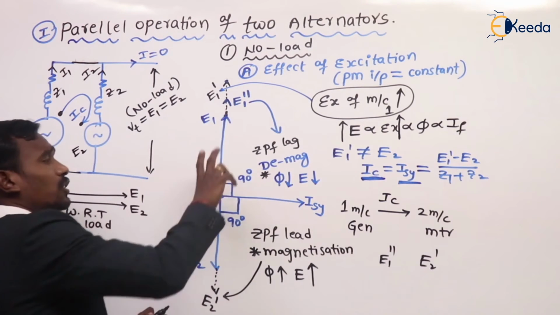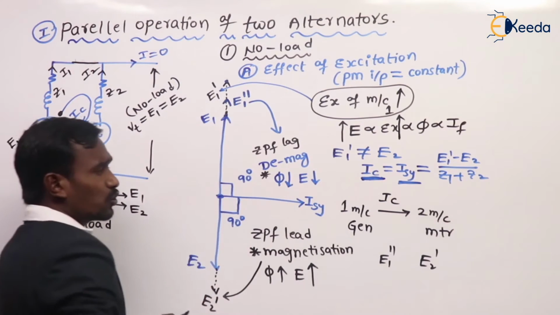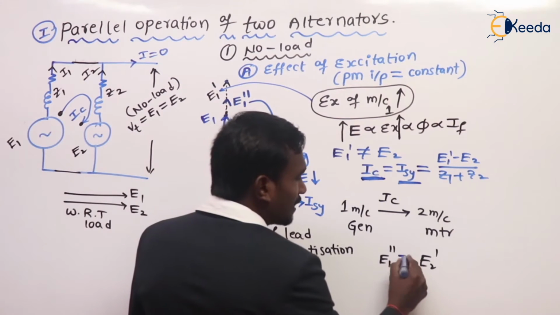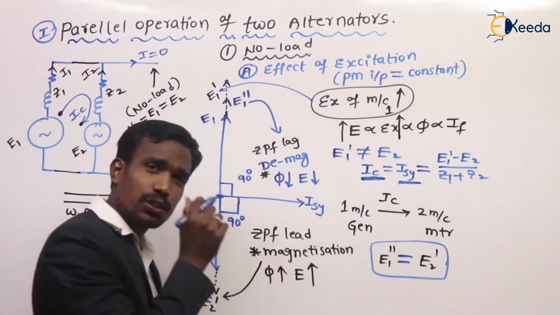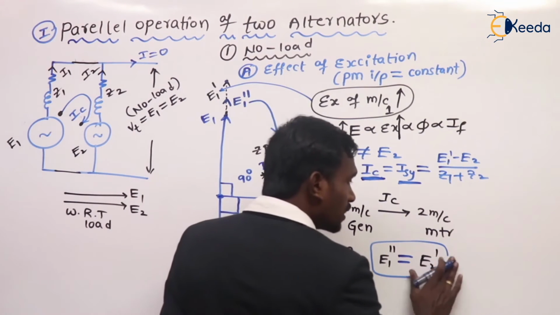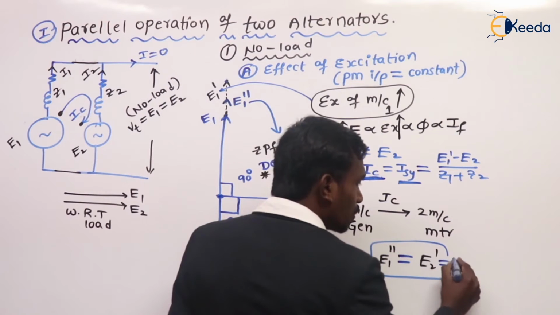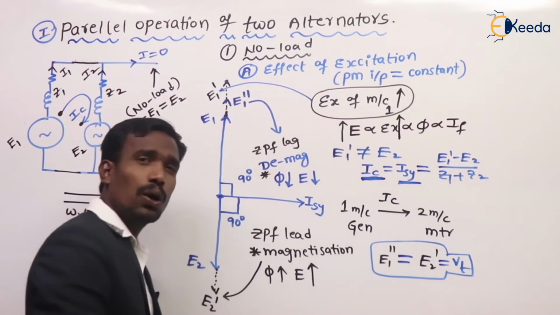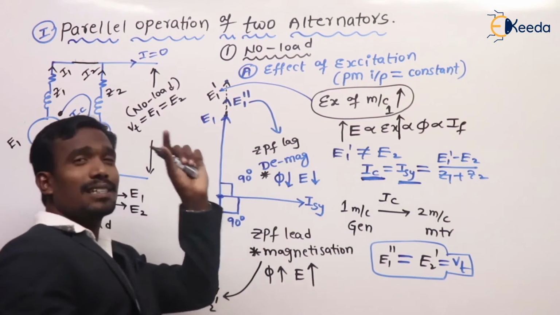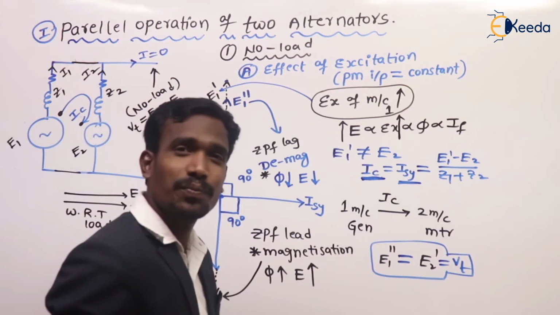Observe these two magnitudes are exactly equal. E1 double dash is exactly equal to E2 dash, which is equal to the terminal voltage.